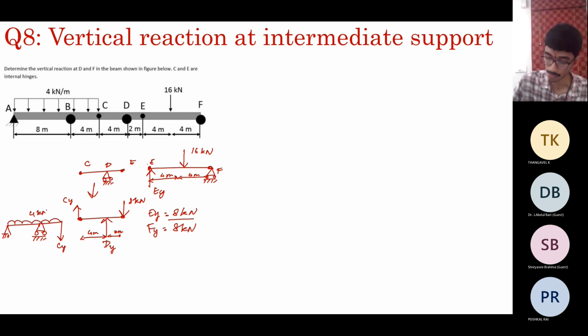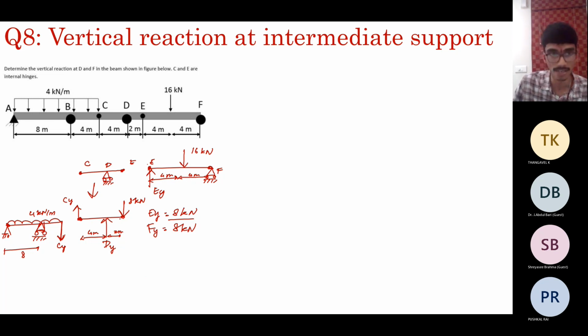This is 4 kilonewtons per meter. Here you have this 8. So what is the total force that is coming onto this span? You want to determine DY.